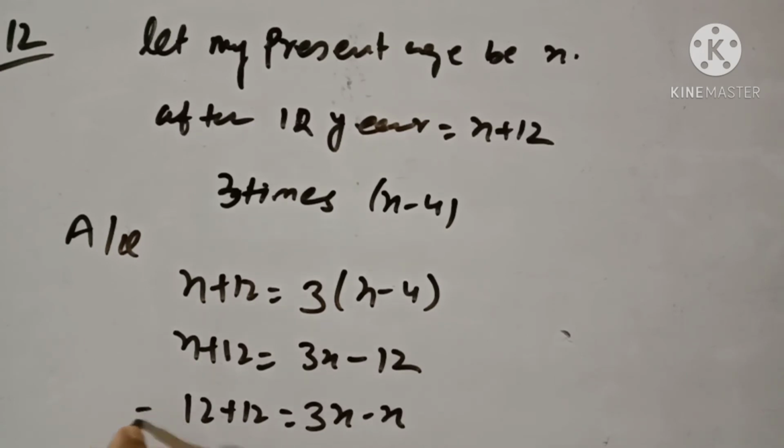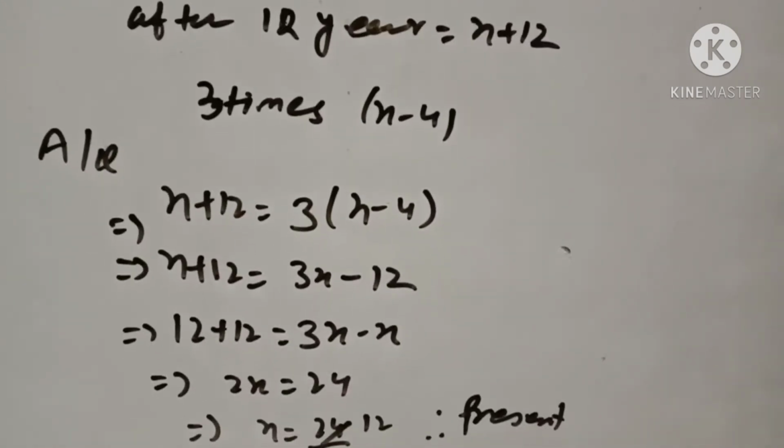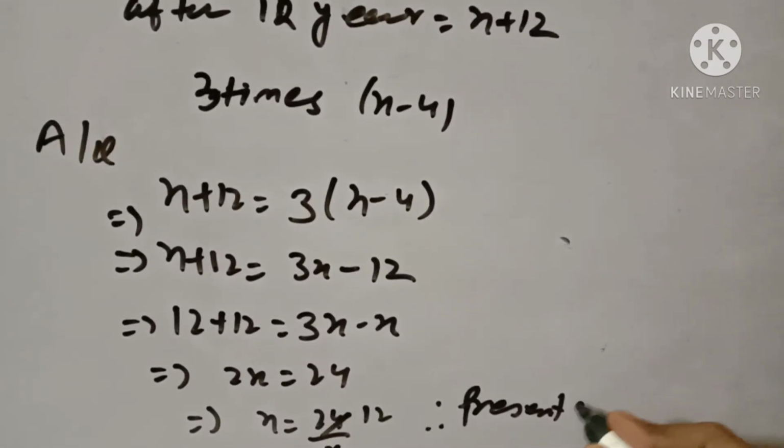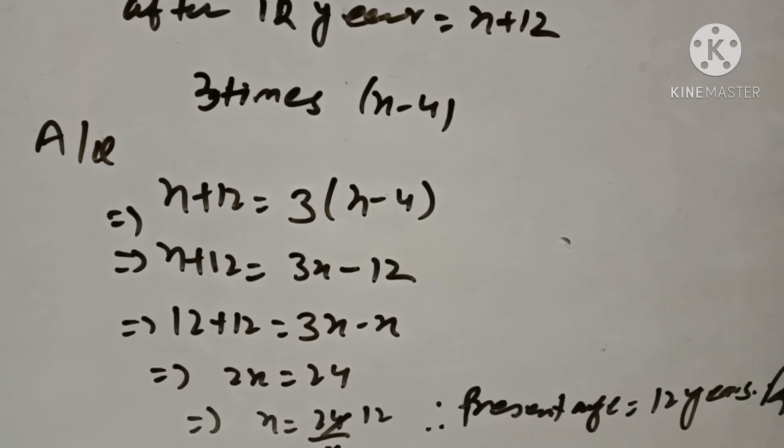This implies that 2x equal to 24 and x equal to 24 by 2, that is 12 years. So therefore the present age is equal to 12 years. This is our required answer.